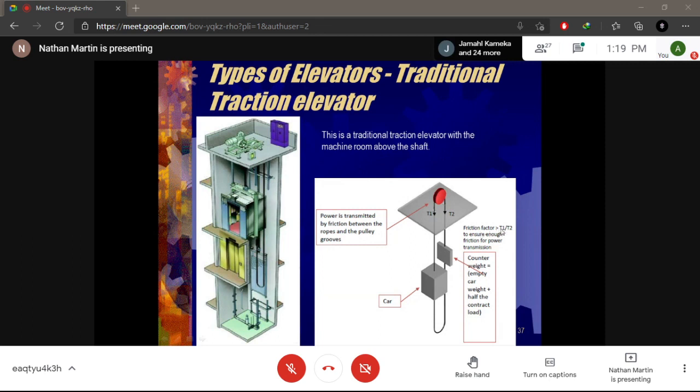The friction factor is greater than T1 divided by T2, so it's greater than this ratio to ensure enough friction for power transmission. Meaning, if this is not greater, then you will have slipping along the pulley. You don't want slipping along the pulley, you want proper traction, right? And this formula is what they use to determine what this counterweight should be, all right?